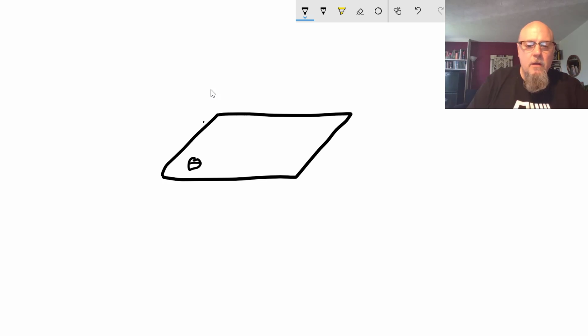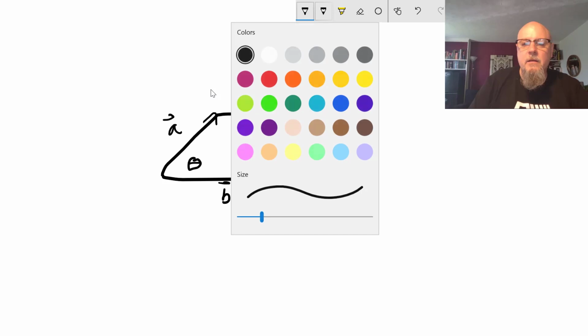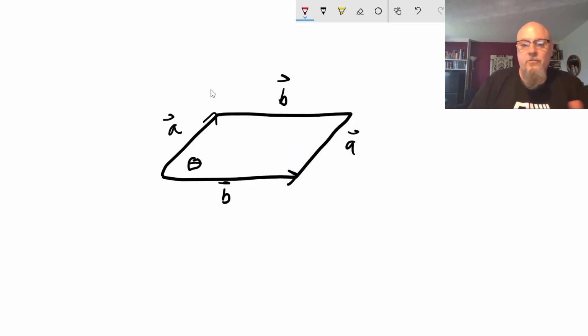Got this angle. I'm going to call this vector A and this vector B. So this must also be B over here, and this must also be A over here, right? Because I can move the vectors, but it's a parallelogram. I want that area.